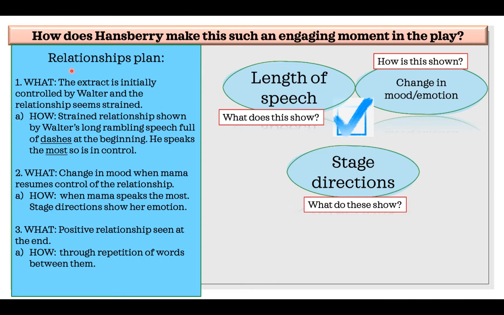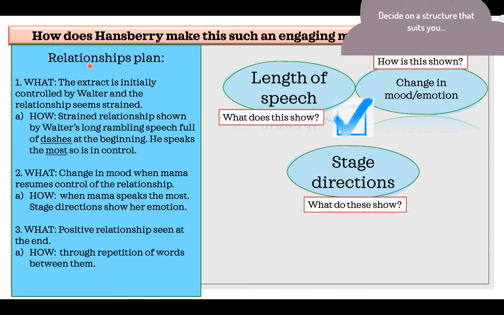It just depends what the extract shows. If you see a pattern, I can see a pattern of relationships, and I know already how important Walter and Mama's relationship is. So this is why I've decided to focus everything I say on relationships. You may decide to do it differently, and you may actually decide to have 3 different things that you are going to focus on, and that is absolutely fine.